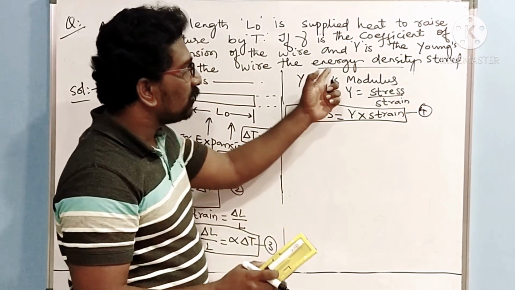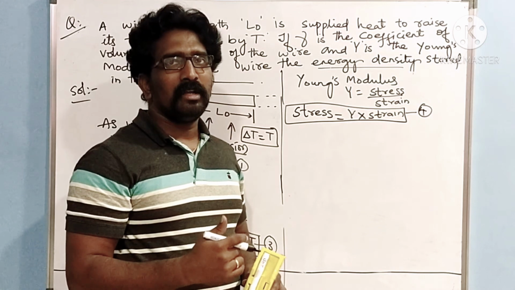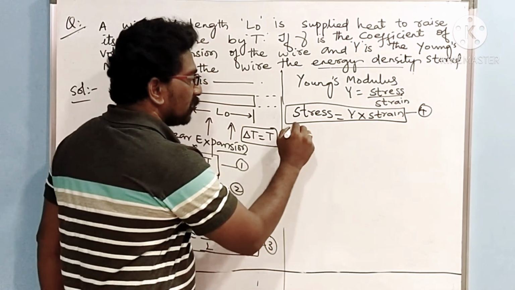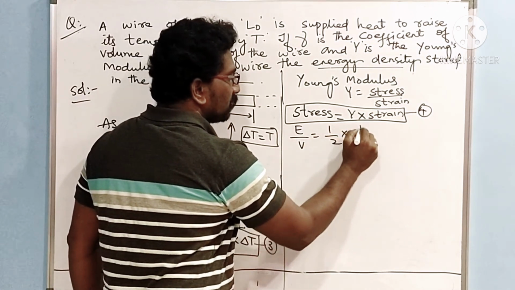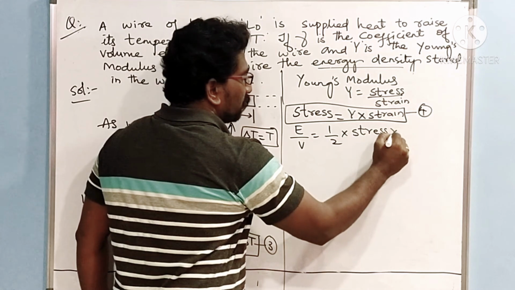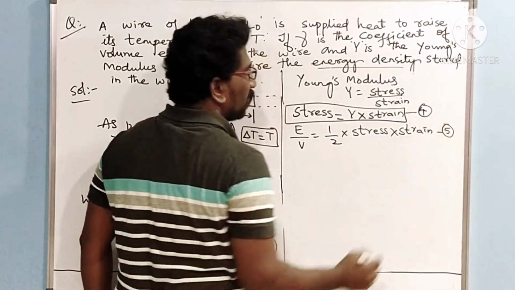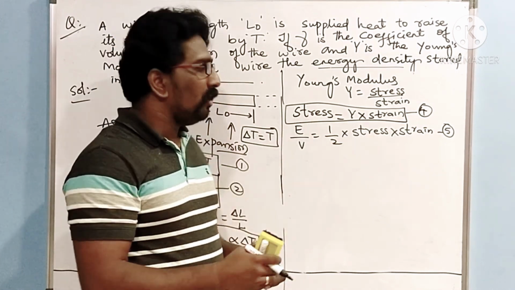Then what is energy density? Energy density is the amount of potential energy stored in a wire due to different stresses per unit volume. So it is E over V is equal to half into stress into strain. Let it be your equation number 5. Now substitute the value of stress in equation number 5.